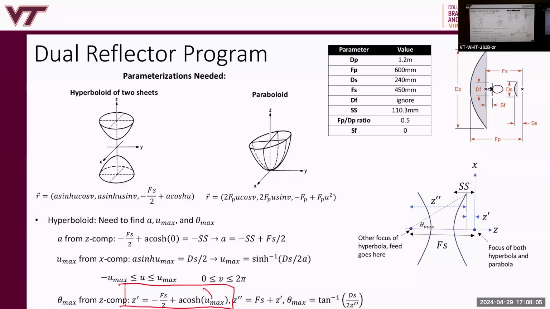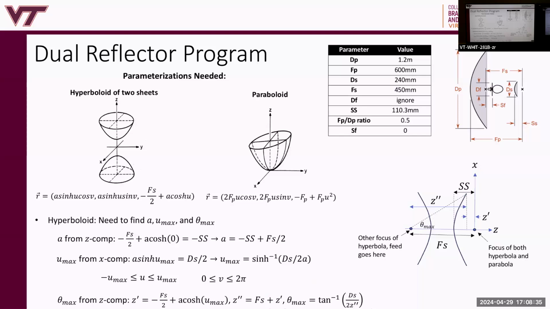To calculate z double prime, we take the focal length and add it, because z prime ends up being negative. You want it less than fs. Once you have those, theta max is the inverse tangent of z prime and ds over 2. So that fixes all your parameterizations for the hyperboloid.